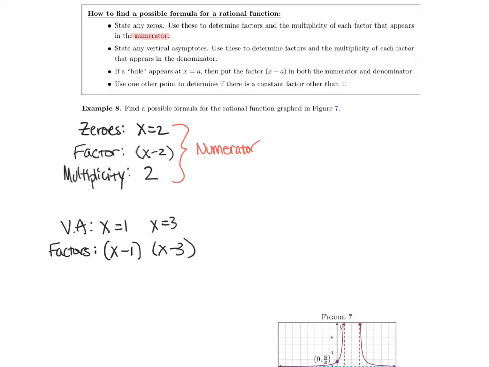And then it asks us for the multiplicities here. Now, what does a multiplicity of an asymptote look like? Well, this goes back to the 3.4 video with our two different parent functions. One of them was 1 over x, the other was 1 over x squared.